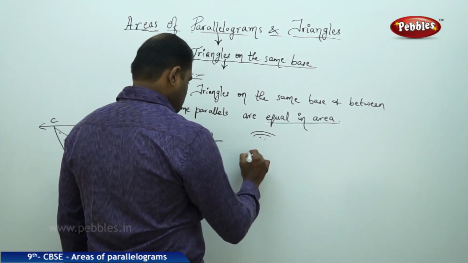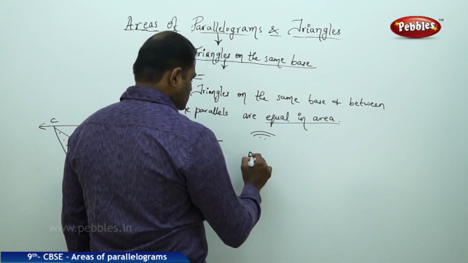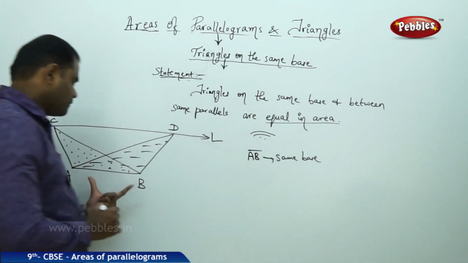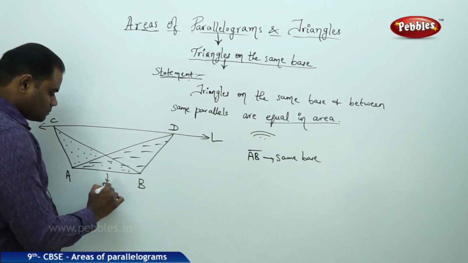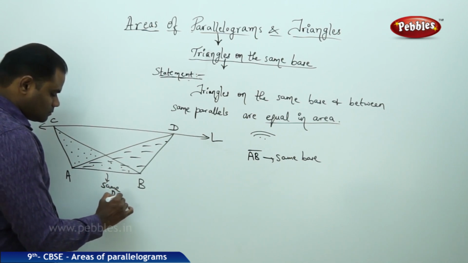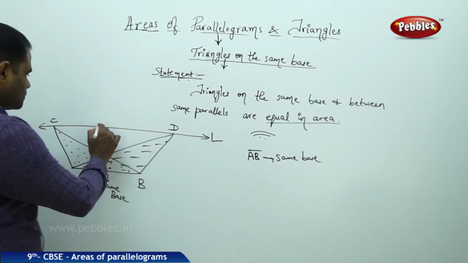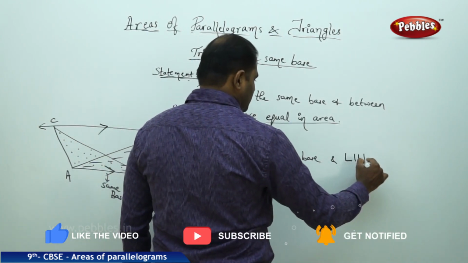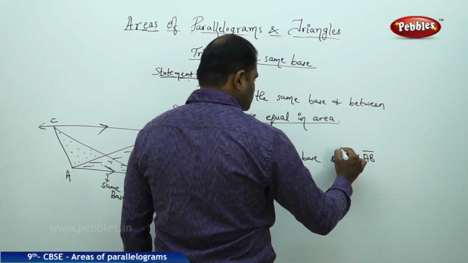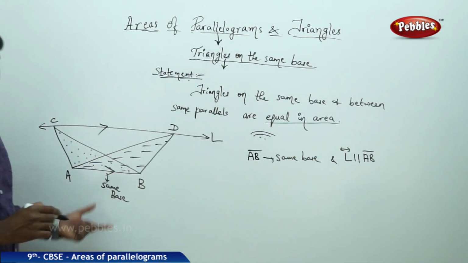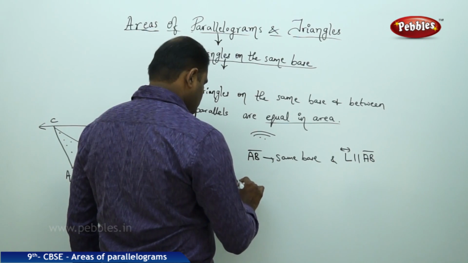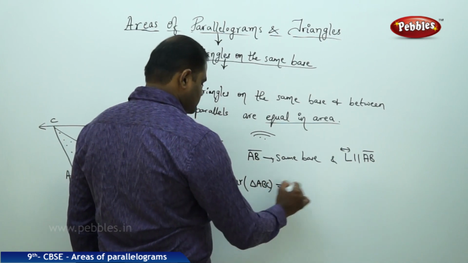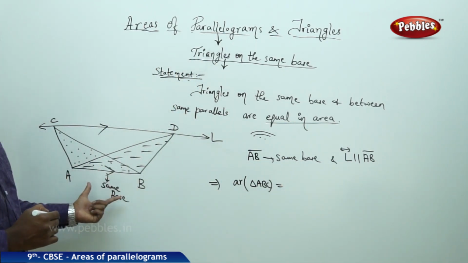That is, AB being the same base, if AB is the same base, and L is parallel to AB, if the two lines are parallel and L is parallel to AB, then area of triangle ABC must be equal to area of triangle ABD.